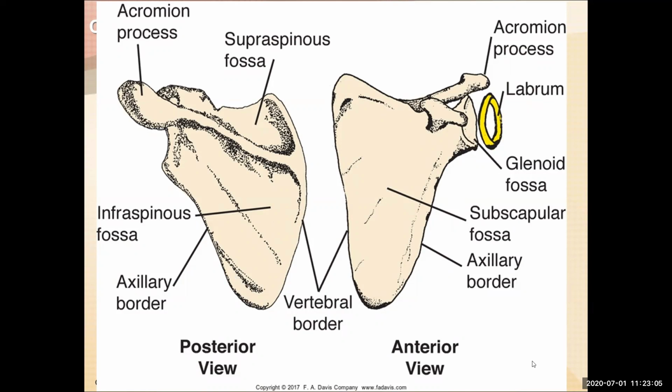What muscle originates in the infraspinatus fossa? Infraspinatus, good, right? What one do you think originates in the subscapular fossa? Subscap, yeah, right?